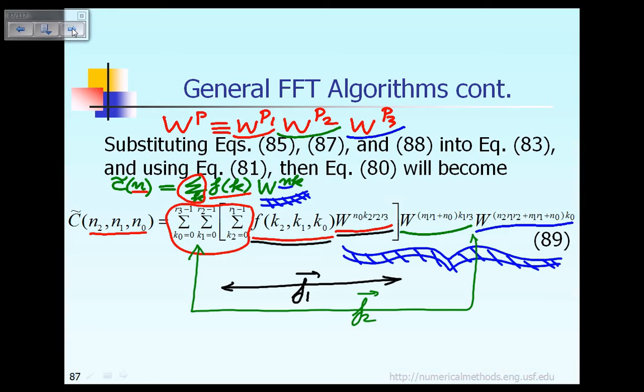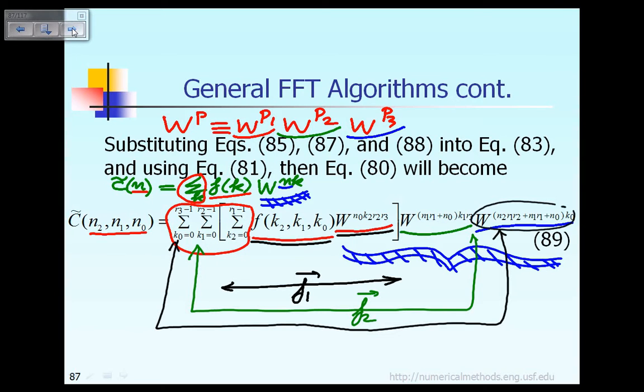And finally, after we calculate F2, we take the summation on the index K0 and we multiply with that term W raised to the power N2 R1 R2 plus N1 R1 plus N0, the whole thing K0, which together will give you the intermediate vector F3.